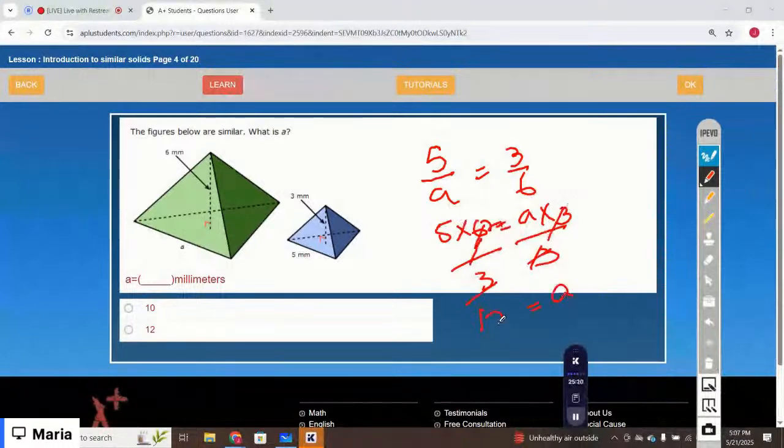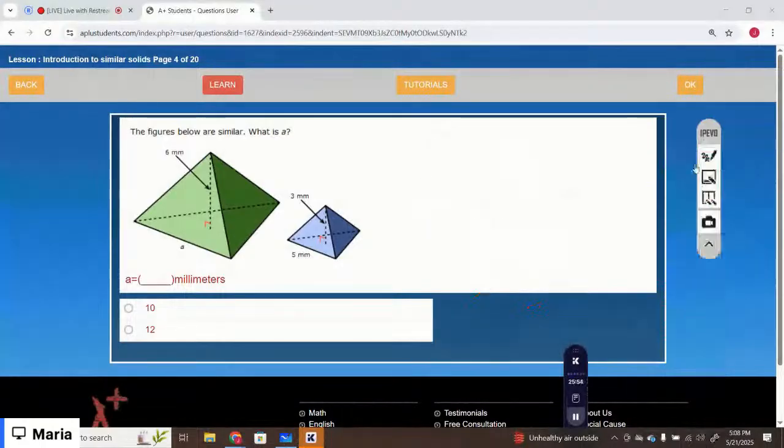A equals 5 times 2, that is 10. Option number 1 is the correct option, that is 10.